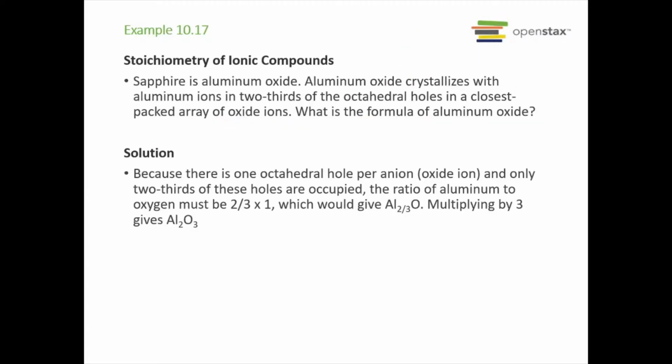So here's another example. Sapphire is aluminum oxide. It crystallizes with aluminum ions in 2/3 of the octahedral holes in a closest packed array of oxide ions. What is the formula of aluminum oxide? We know with octahedral holes, there's 1 hole per anion, and we're told that 2/3 of the holes are taken up.